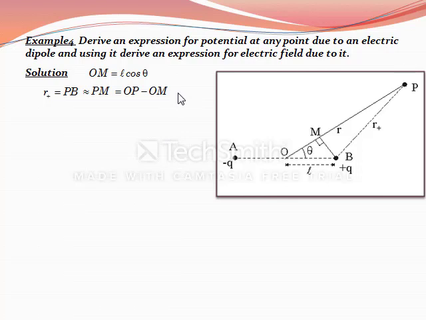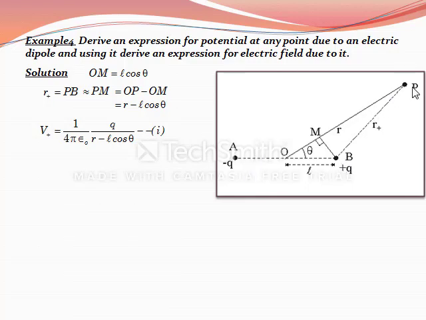So this is r minus L cos theta. We have got this distance. This r plus is r minus L cos theta. So the potential at this point P, because of this charge plus q, is 1 by 4 pi epsilon naught, charge q divided by this distance r minus L cos theta. This is the expression for potential at P due to this charge.